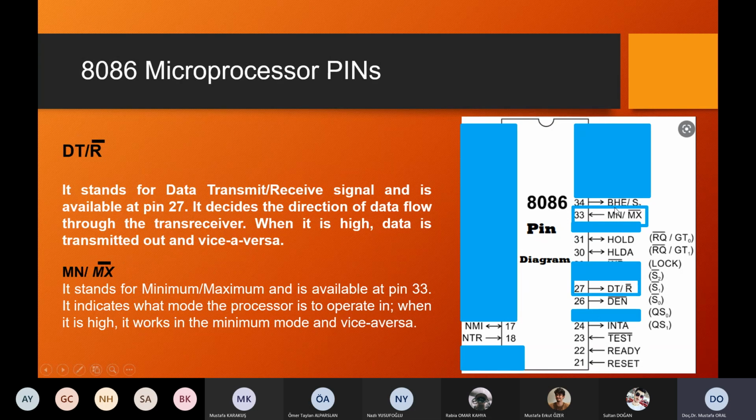If this input, pin number 33, is connected to zero, it means there is more than one processor on the board. This processor can be another microprocessor, or a mathematical processor, or a graphic processor.